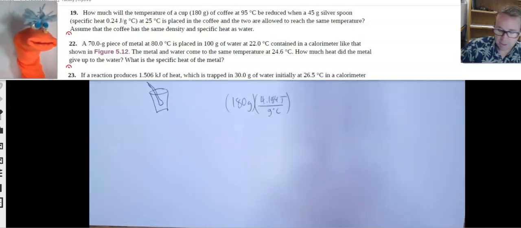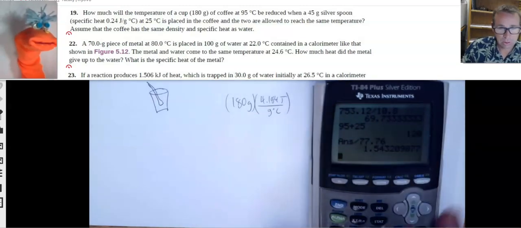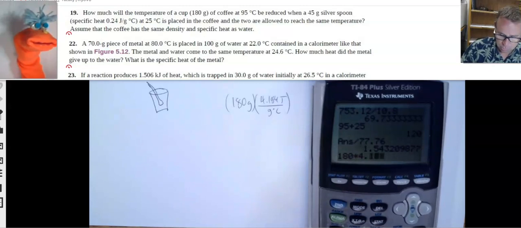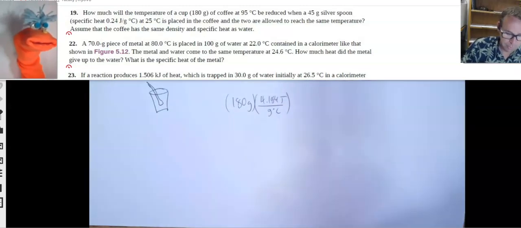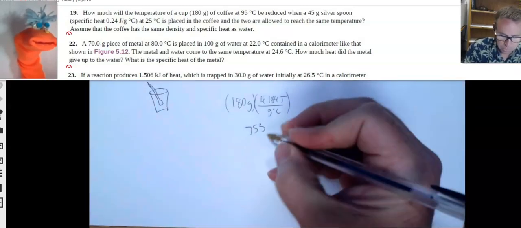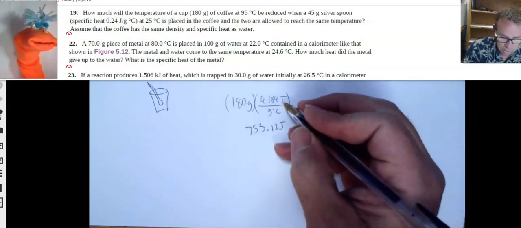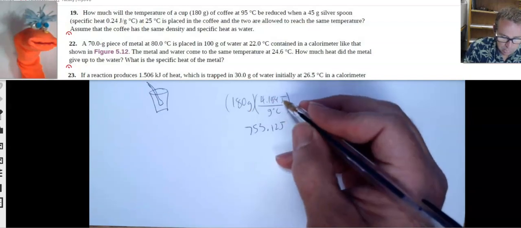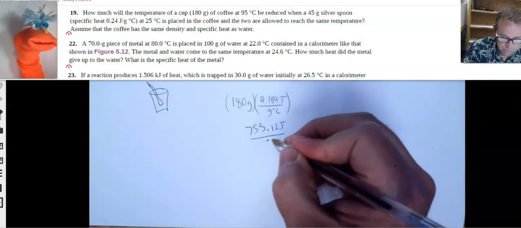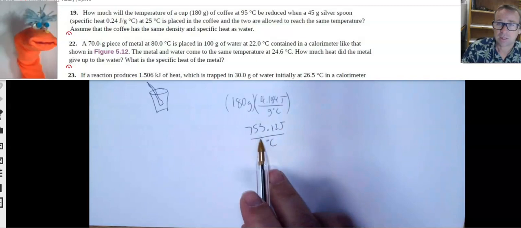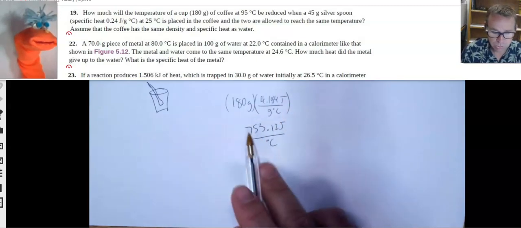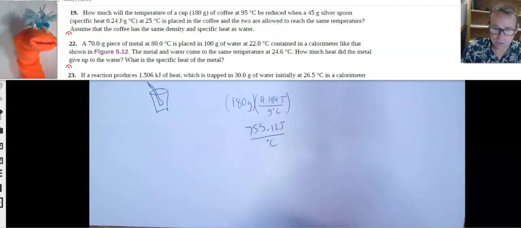And so if I take those two and multiply them together, 180 times 4.184, that is 753.12 joules, and for every degree Celsius. So that's how much the coffee is going to go down. That's how many joules the coffee is going to lose for every degree Celsius.